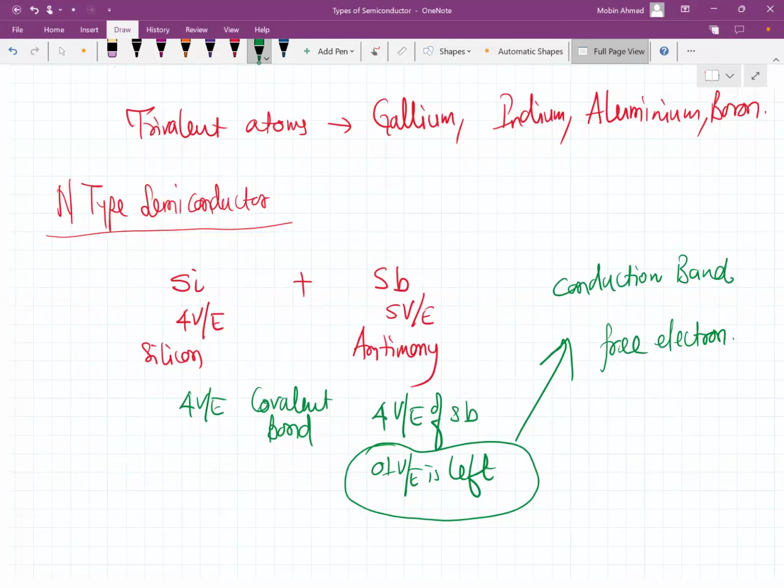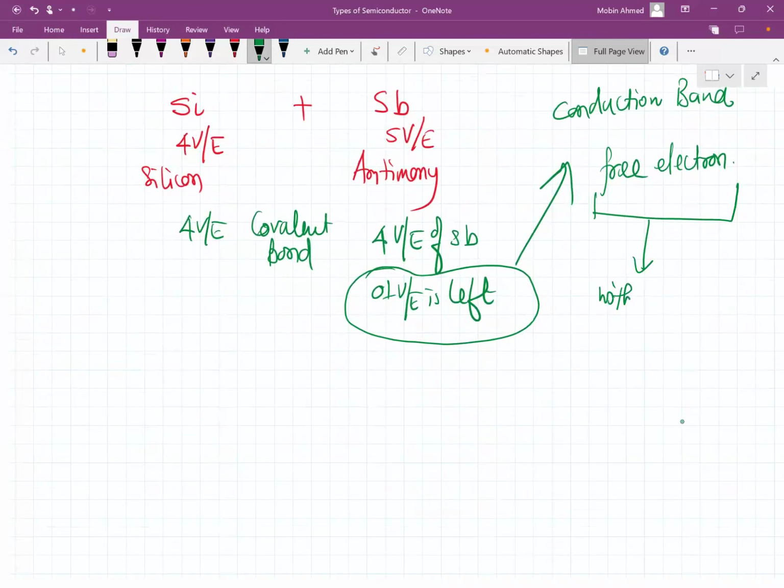Now remember, these free electrons are created in this with the process of doping. So in this case, free electrons will be created, but holes are not created.